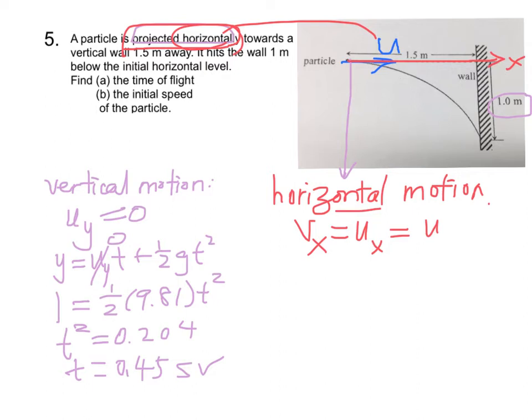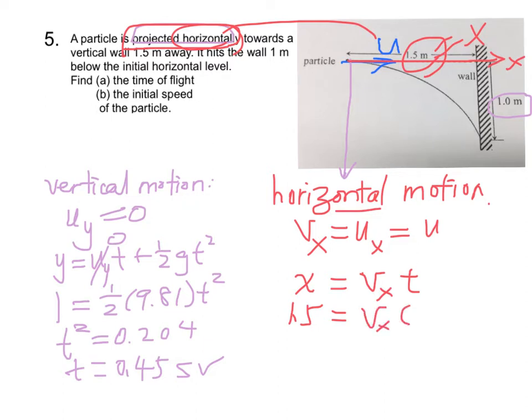The horizontal displacement x equals the constant horizontal speed Vx times the time t. Now we have x equal to 1.5 meter, and Vx is the unknown. We need to find it out.